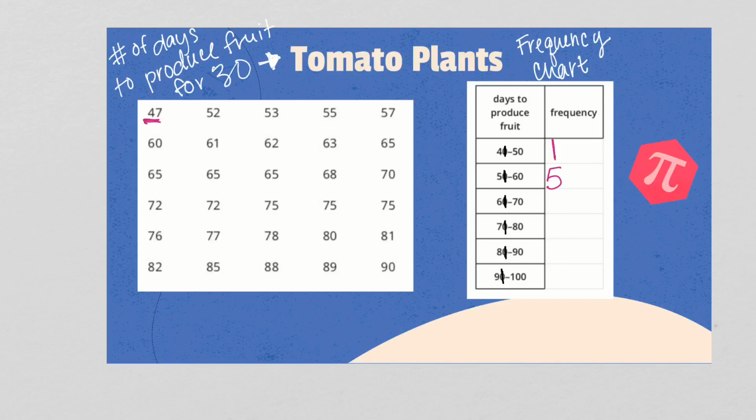Then from 61 to 70, I have 1, 2, 3, 4, 5, 6, 7, 8, 9. All right, now from 71 to 80, so I have 1, 2, 3, 4, 5, 6, 7, 8, 9.